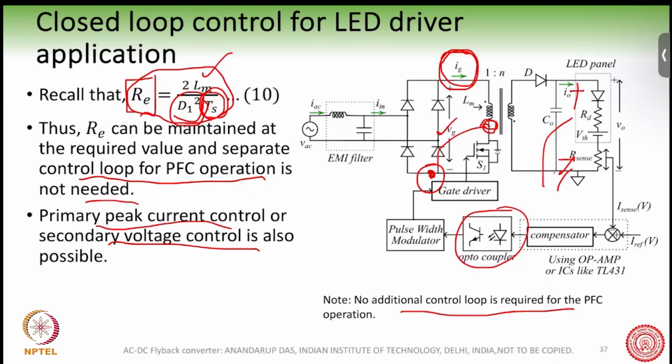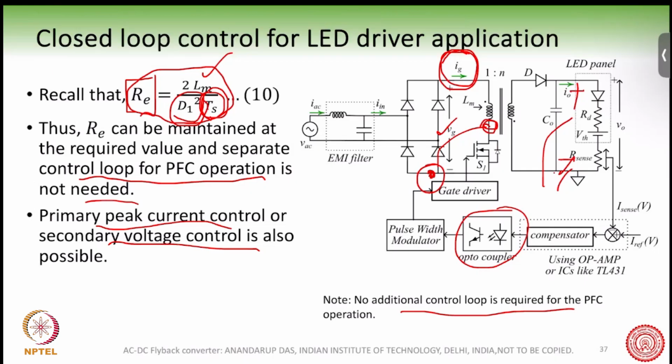Briefly, we have seen the waveforms which are important. We also use a filter so that the current waveforms at the input become sinusoidal. And at the end, we took a design example of the LED driver where we saw some of the important values and how to design those components, along with touching briefly upon the control system for this.